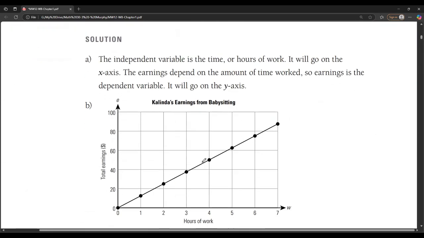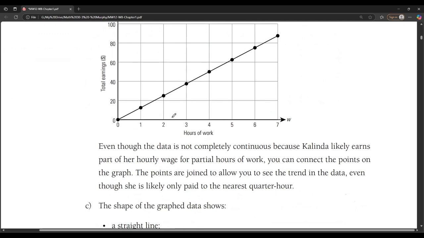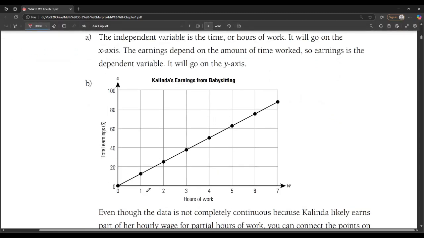So A, the independent variable is the time or hours of work. It will go on the x-axis. The earnings depend on the amount of time worked, so earnings is the dependent variable, and it will go on the y. And that's exactly what we talked about before. So you're always going to have time along the x-axis. And then you plot the points.